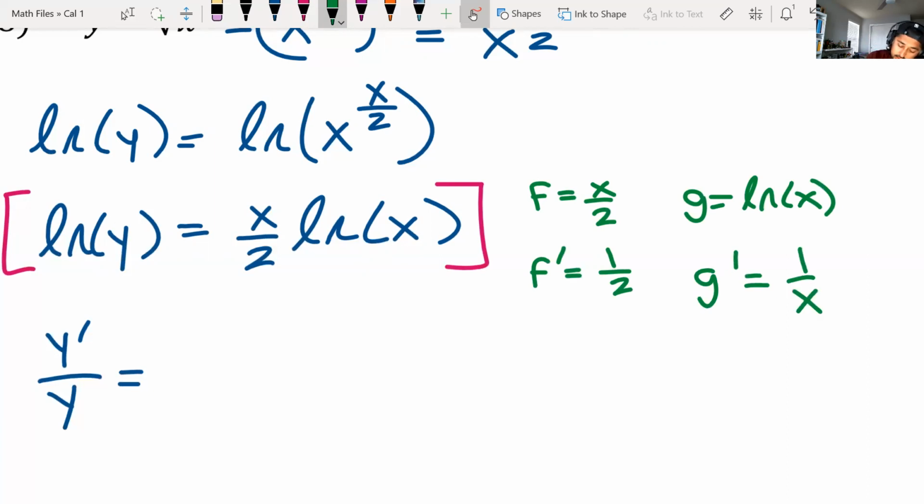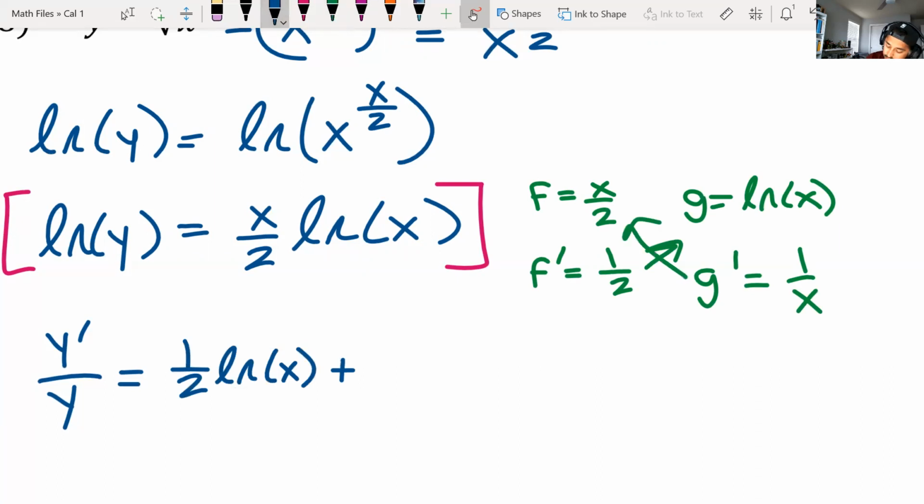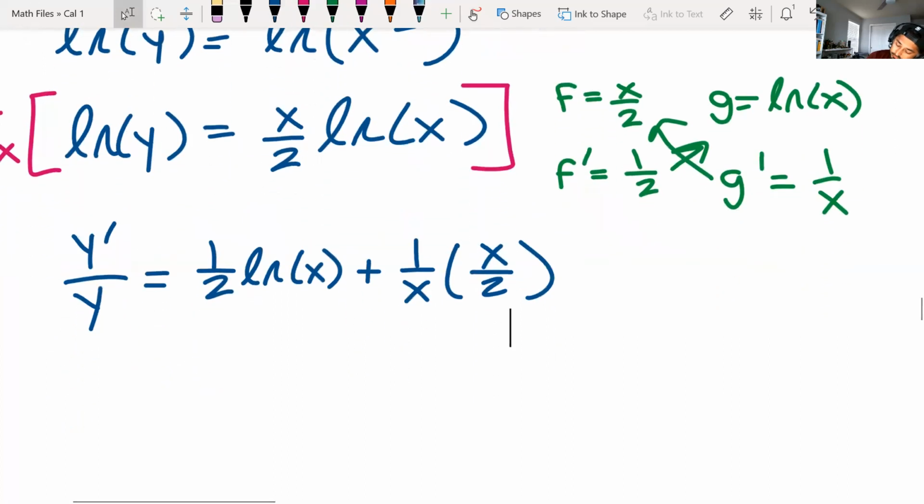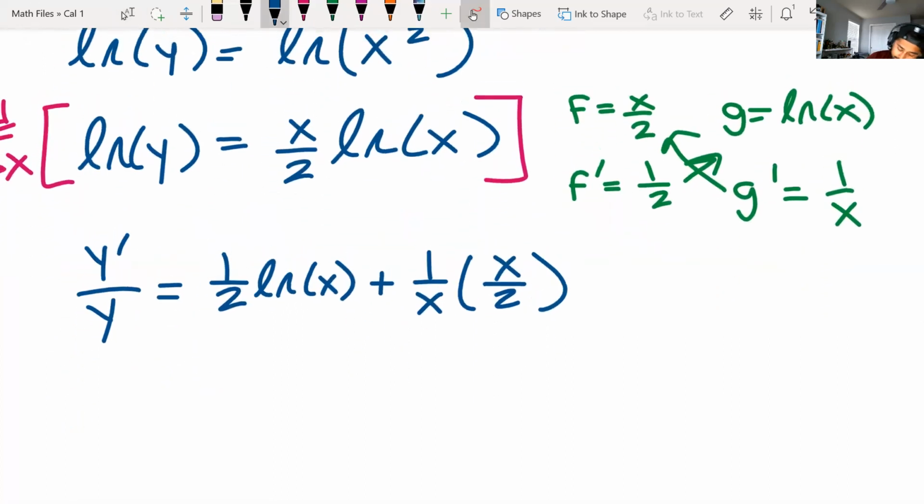Okay. So then we do f prime g, which gives me 1/2 times the natural log of x plus g prime f, which is 1 over x times x over 2. Okay.